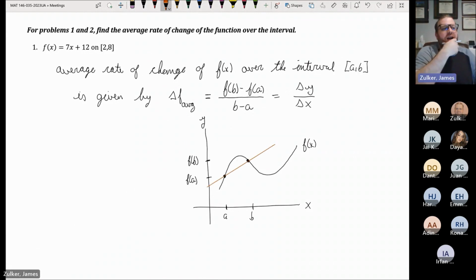Let's take a look at the line that goes through those 2 points. This is a secant line.